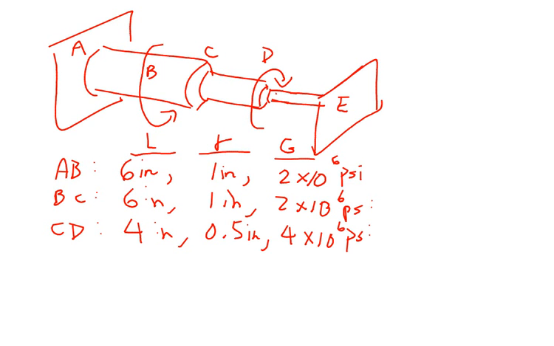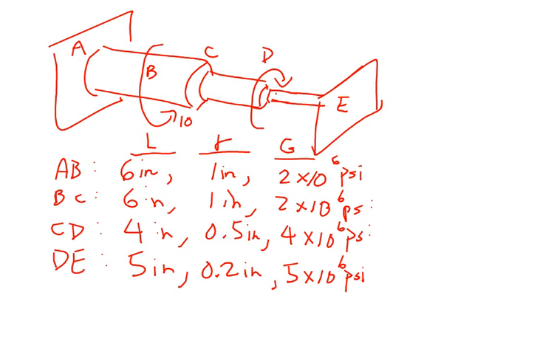And then DE has a length of, why don't we say, 5 inches, radius of 0.2 inch, G of 5 times 10 to the 6 psi. Are we missing anything else? Oh, the applied torques, of course. So maybe this is 10 kip inches, and this is, let's make it 20 kip inches.